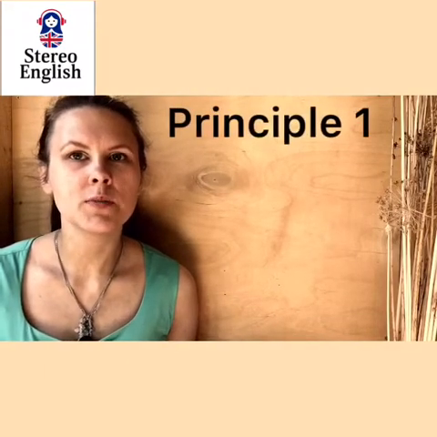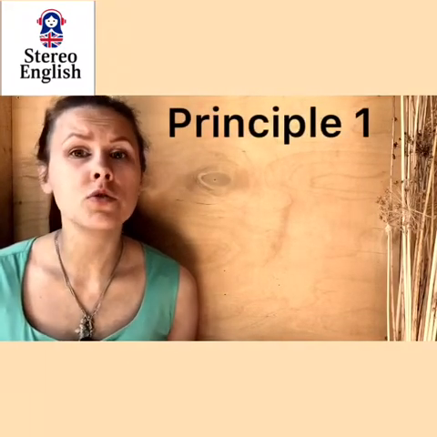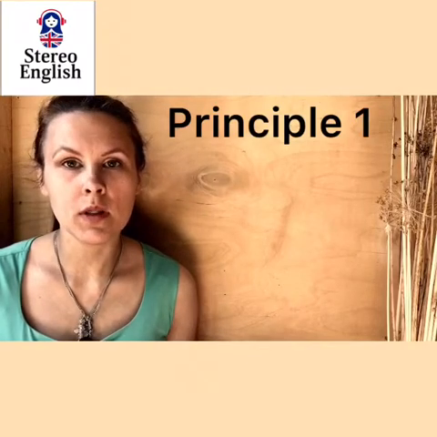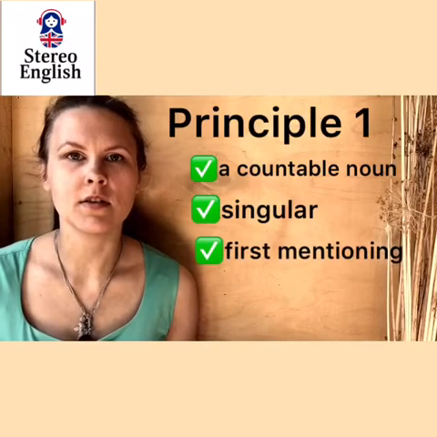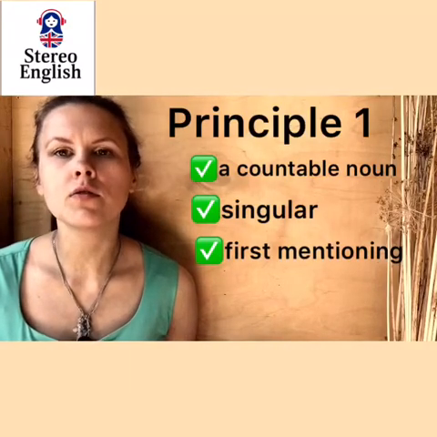When you first speak about something, introduce it, and it's a countable noun in singular, use the indefinite article. After you've introduced this object, you can use the definite article because now the object is specific and everybody knows what you mean.